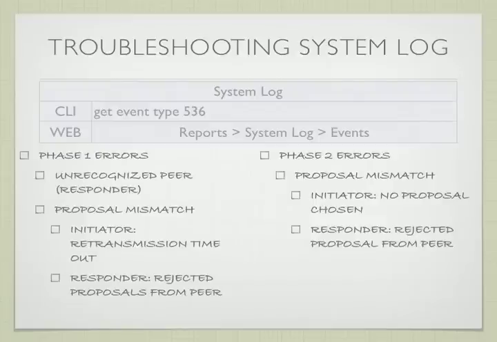On phase 2 proposal mismatches, remember you have two sets of parameters for proposals, your phase 1 group and your phase 2 group. So you can successfully complete phase 1 and fail on phase 2. So these are the messages you'll see. If you initiate the traffic, you'll see no proposal chosen. That means they didn't match. And if you're the responder, it's going to be the same message, rejected the proposal from the peer.